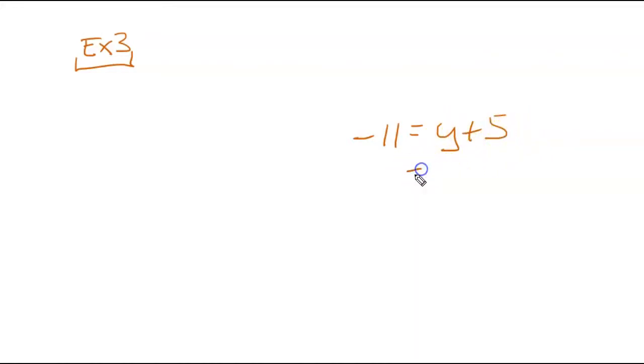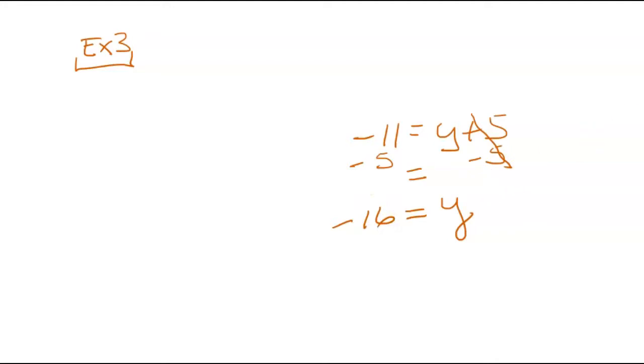We still want to, again, try to keep our equal signs lined up. What can we add to a positive 5 to make it 0? Well, a negative 5. If we do it to that side, we must do it to this side. So again, these cancel out. We're just left with a y. And this is a negative 16.